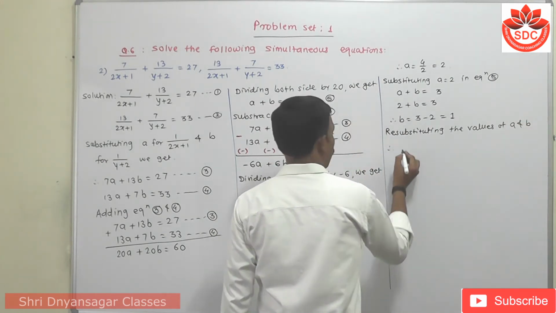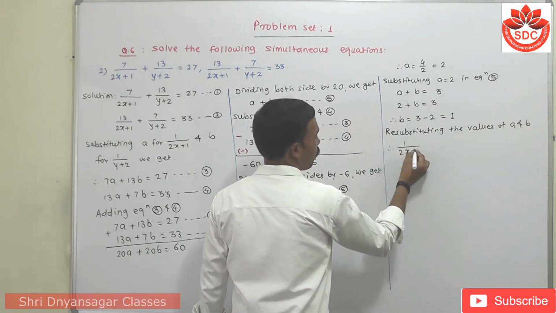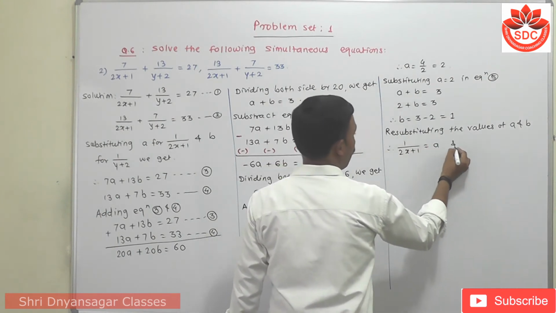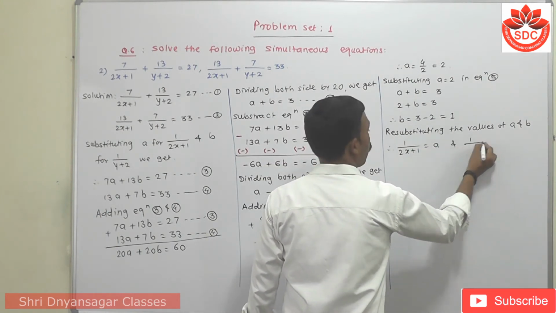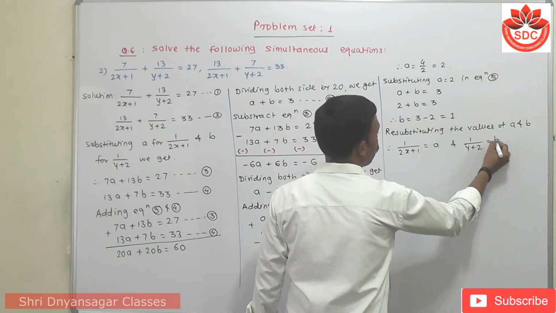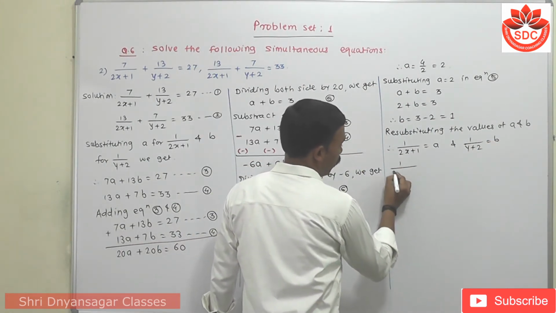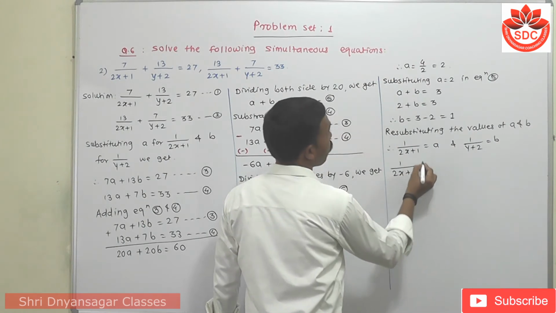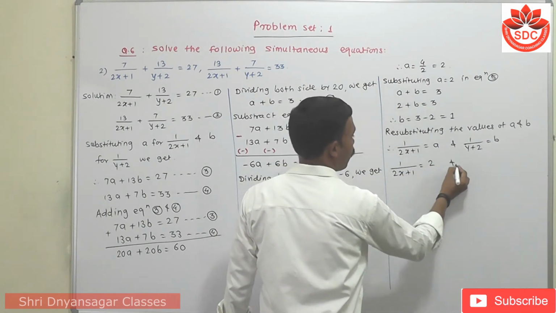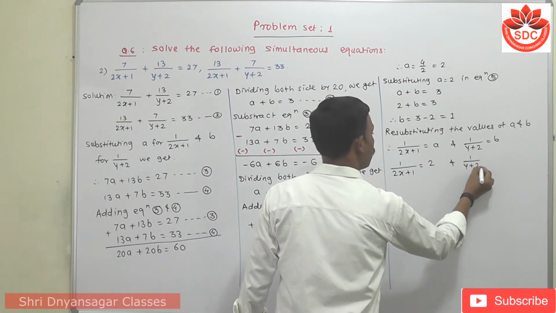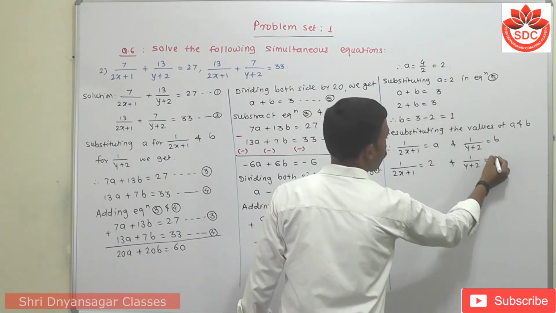Therefore 1 upon 2x plus 1 is equals to a and 1 upon y plus 2 is equals to b. We substitute these values, we get 1 upon 2x plus 1 is equals to 2 and 1 upon y plus 2 is equals to b. B is how much? 1.